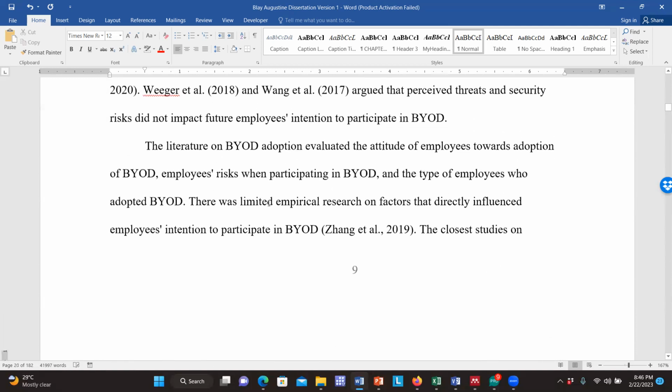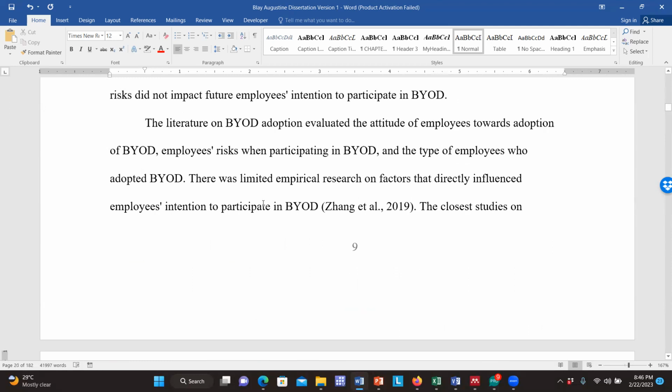And let me read that, so that you can understand where this guy is coming from. So with all the story he has told, the references he has given, justification for studies that have used BYOD, he says that the literature on BYOD adoption evaluated the attitude of employees towards adoption of BYOD, employees' risks when participating in the BYOD, and the type of employees who adopted the concept.